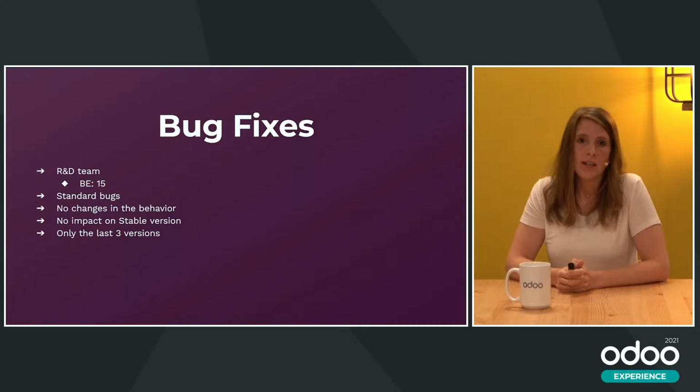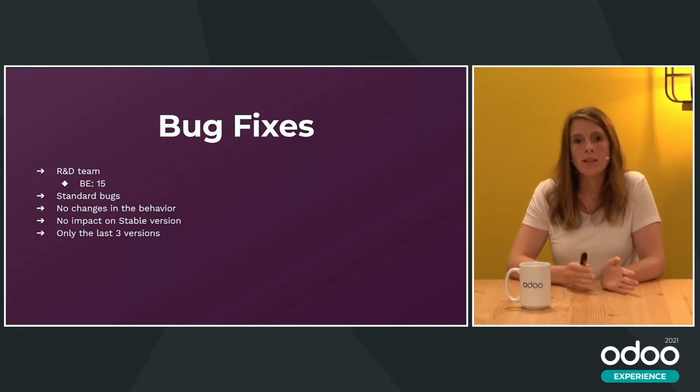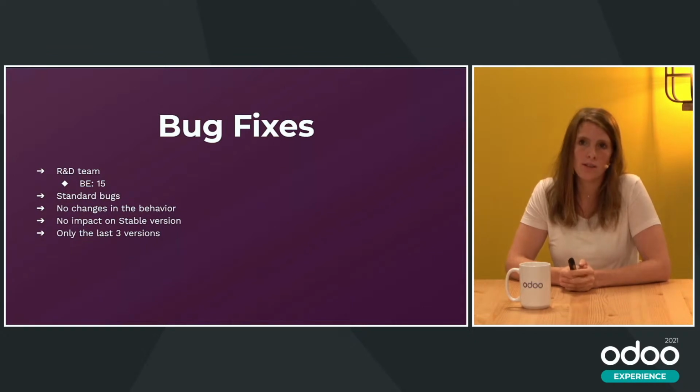Then the third stage is the bug fix. Here, contrary to technical and functional, this is not a service team, but they are directly in R&D, and they are only in Belgium. They are fixing standard bugs on the last 3 versions.